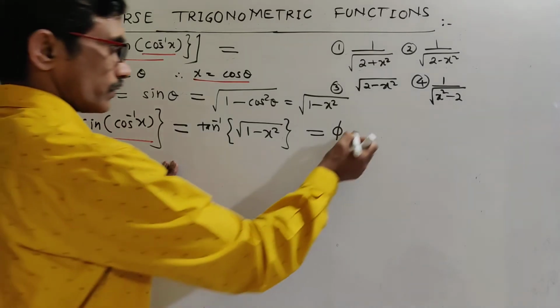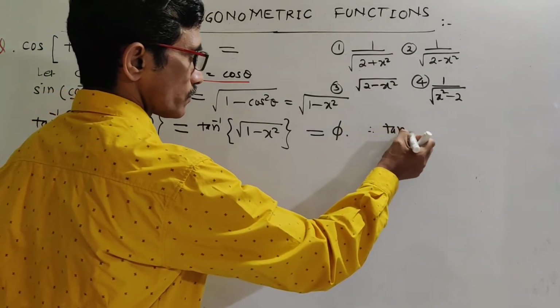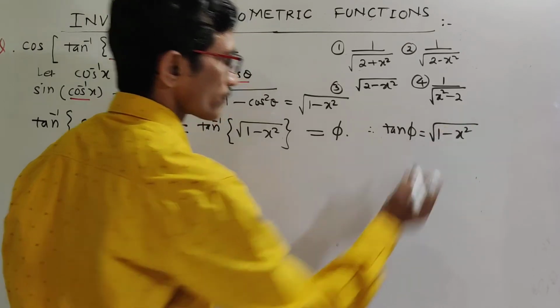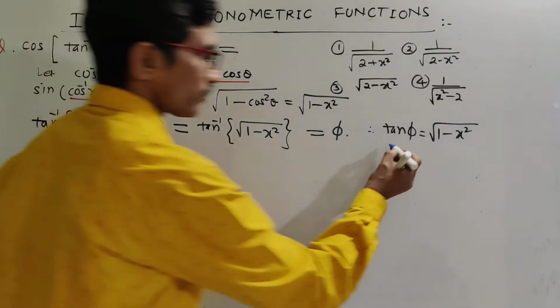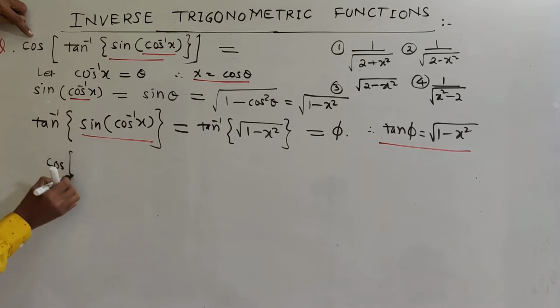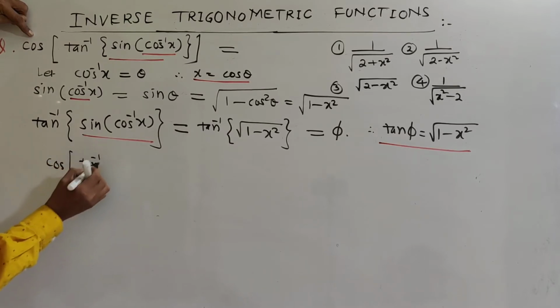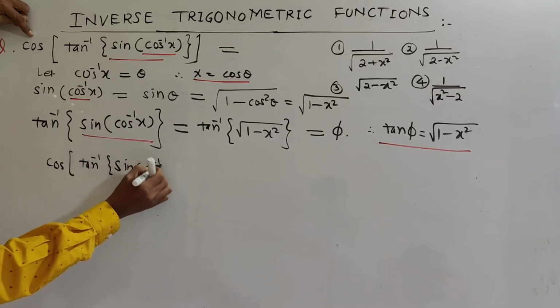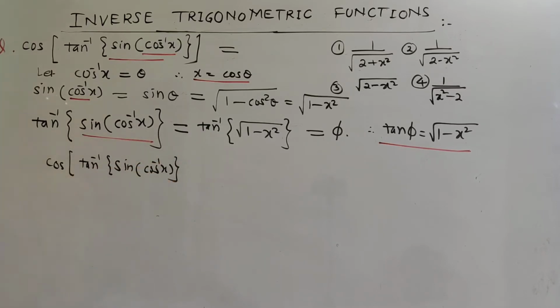Therefore tan phi is equal to square root of 1 minus x square. Now we start with cos of tan inverse of sine of cos inverse x.